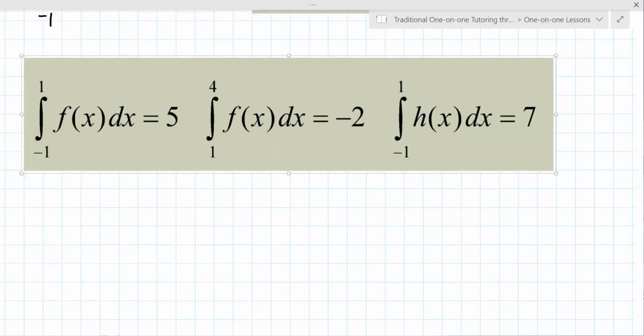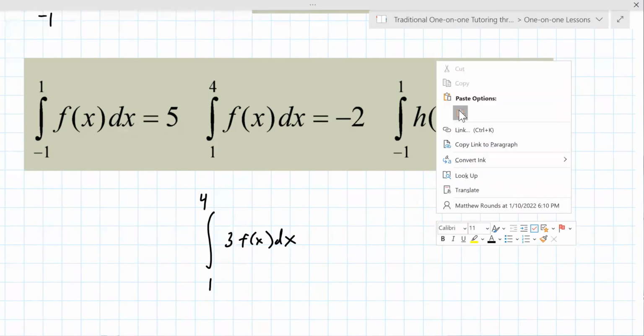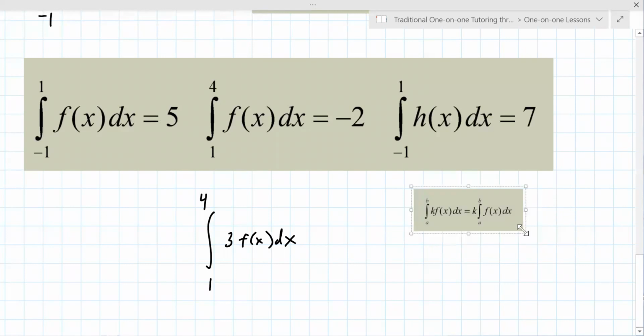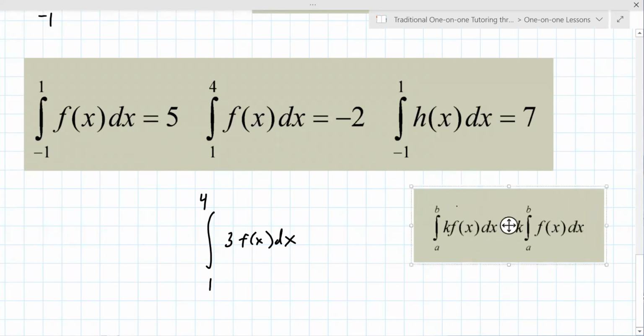So let's grab this again. All right, so the next property here. Okay, so I'll choose this middle one here because let's say I want the integral from 1 to 4 of 3 f of x dx. Okay, so the third property, what it says in words is, and I'm gonna snip it in here, that you are allowed to bring the constant out.